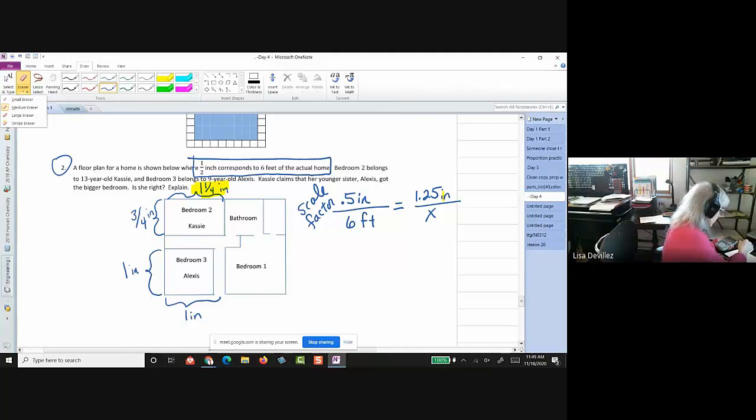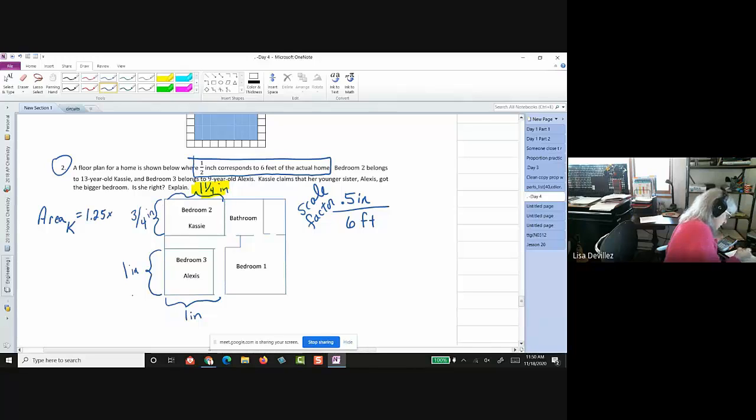We can transfer each of the dimensions, but since it's area, on the drawing the area, put K for Cassie, is 1.25 times 0.75. That's the dimensions. So that gives me 0.9375.